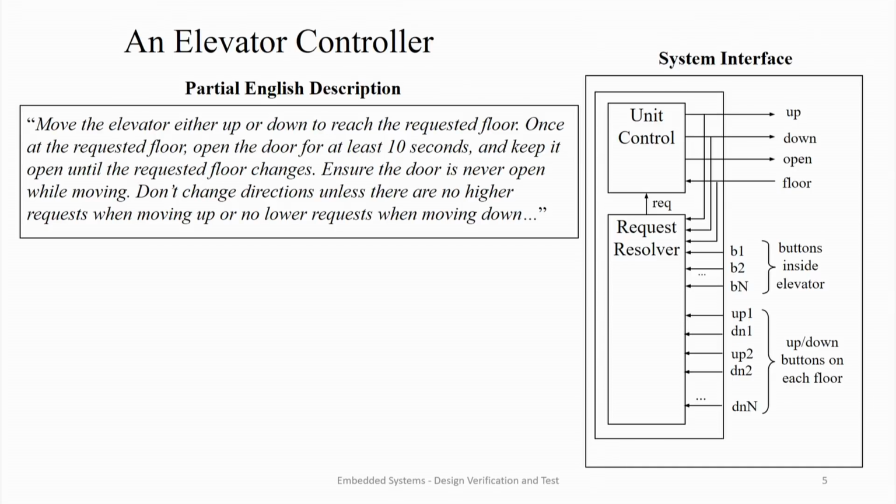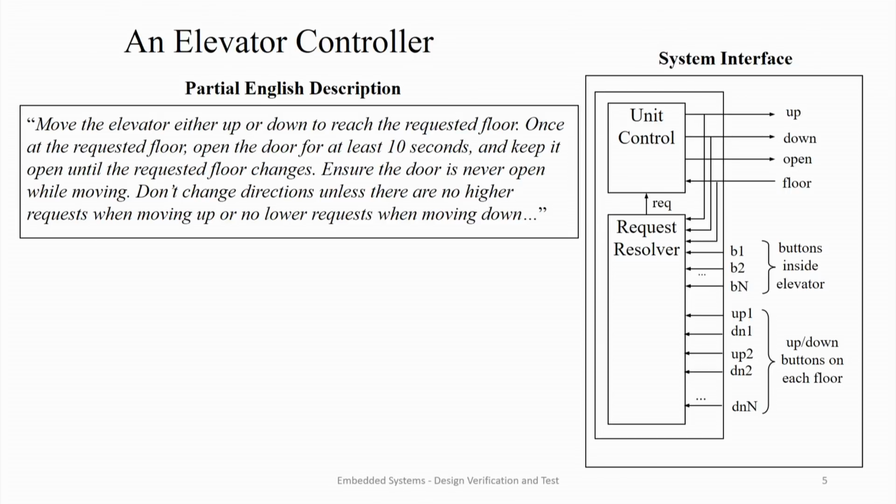The physical system is the elevator, and within this physical system there will be an embedded control system which will control the elevator. The movement of this elevator will be controlled by an embedded control system, and our job here is to design this embedded control system for the elevator.